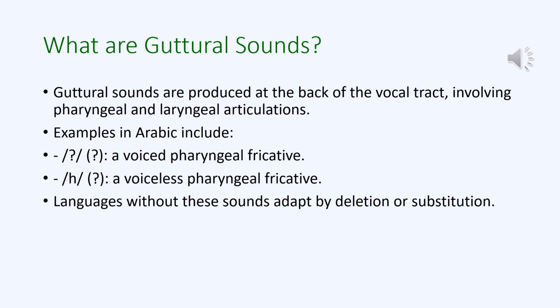We have actually in English the k and the g, which are somehow considered guttural sounds because you can feel that they are pronounced from the very back of your vocal tract. However, in Arabic there are many guttural sounds like the ha, the kha, the ayn, the ghain, the hamza, and the h sound. So all these are considered guttural sounds.